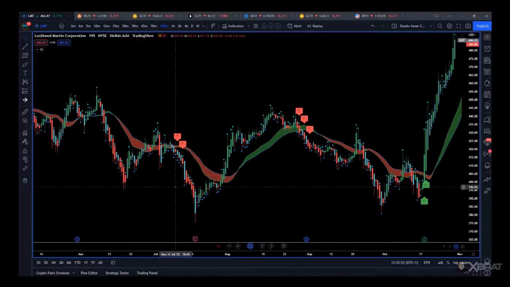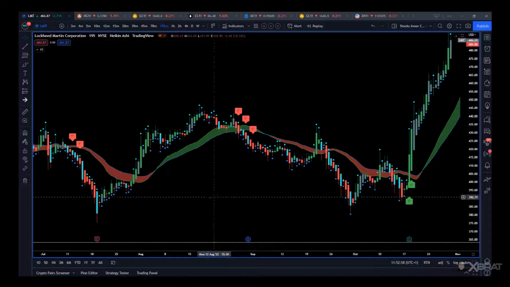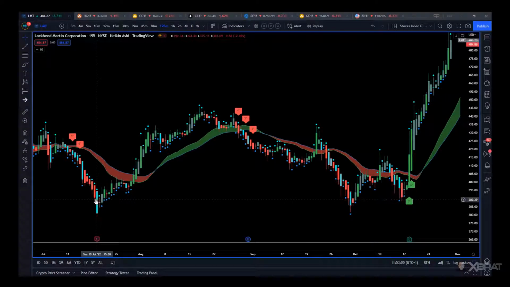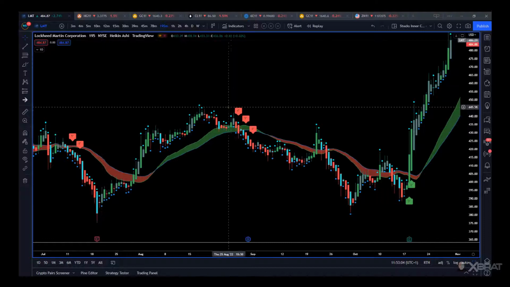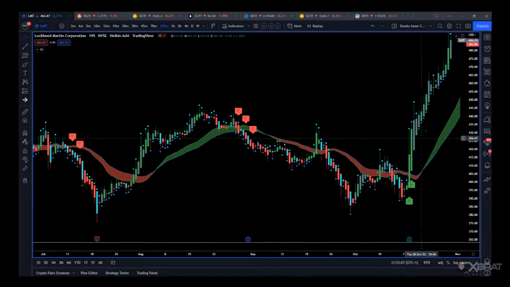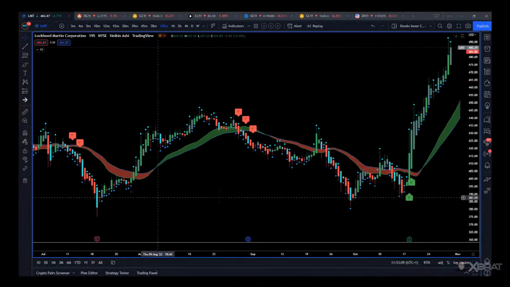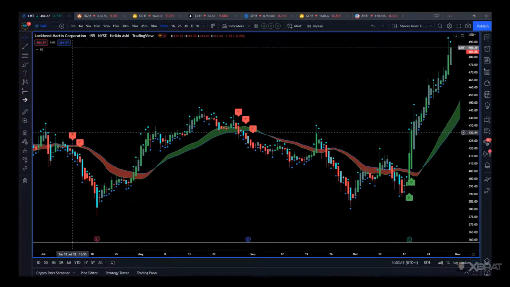I'm not going to talk about these shorts here. These shorts were good. They were winners. Let's talk about the last quarter. We have a run into earnings here, a run into earnings here, and then an earnings reaction here. So we get a 5 and then a 6-star sell signal here.